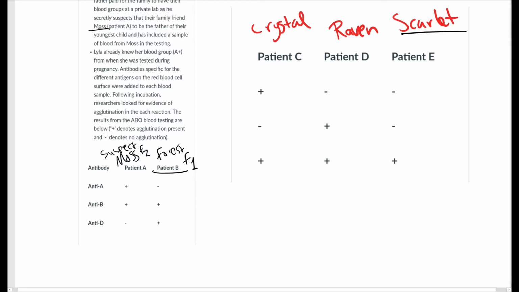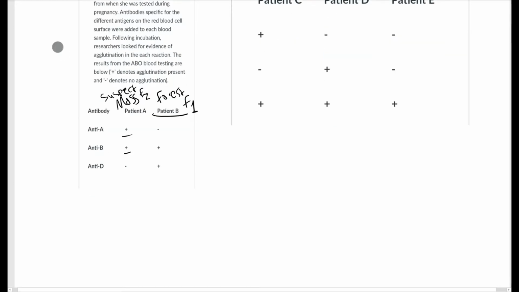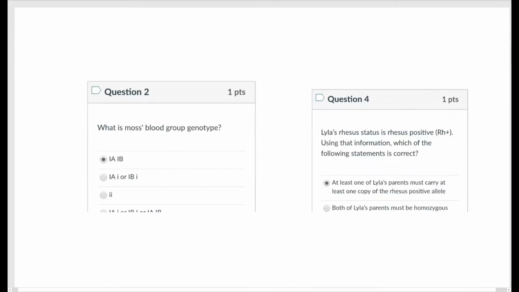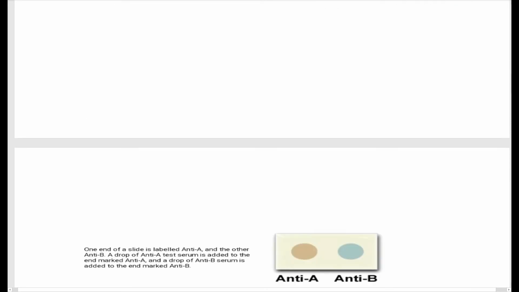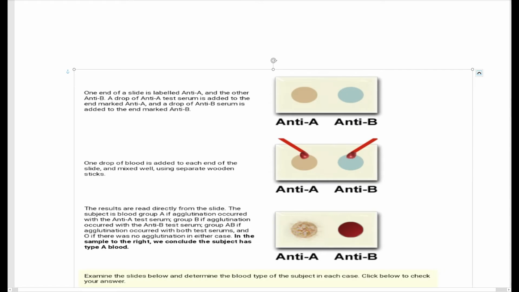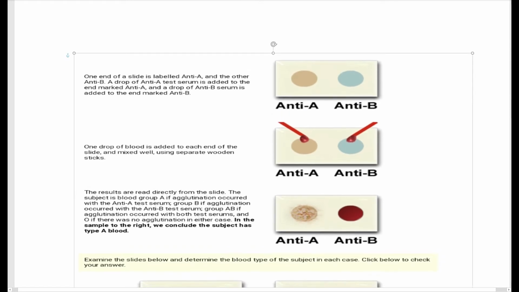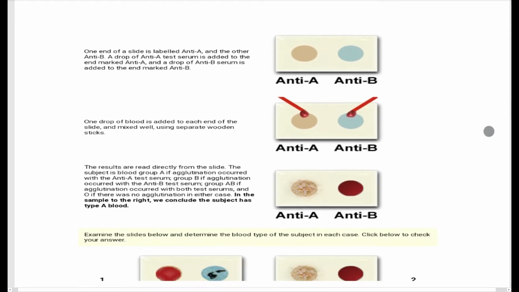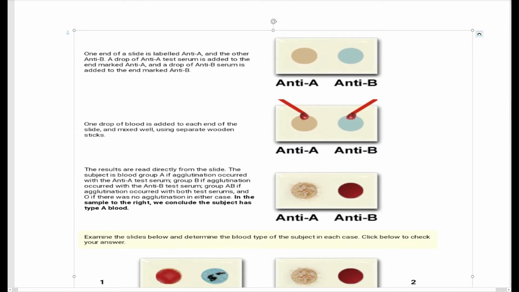So to explain what these positives and negatives mean, I'm going to have to go down here to explain it to you. This is what happens when you want to find out the blood type.